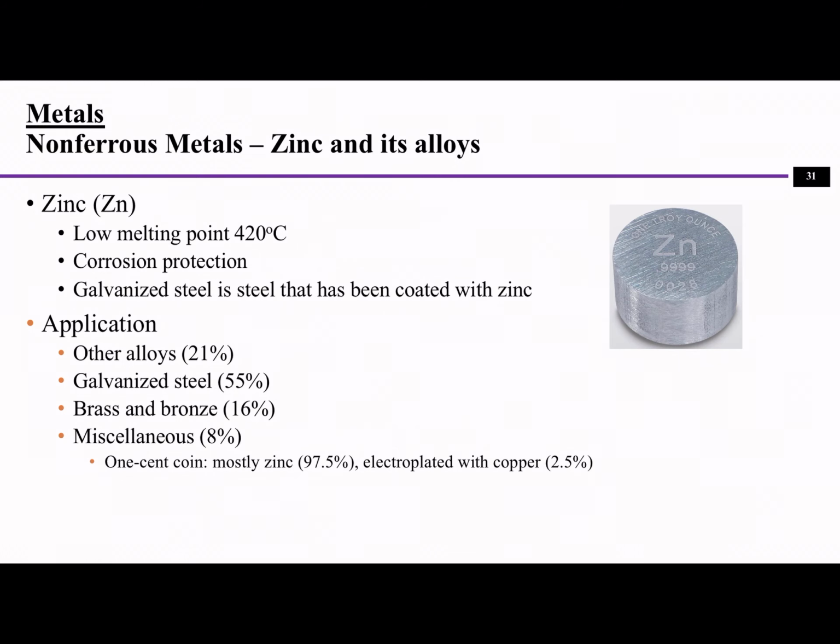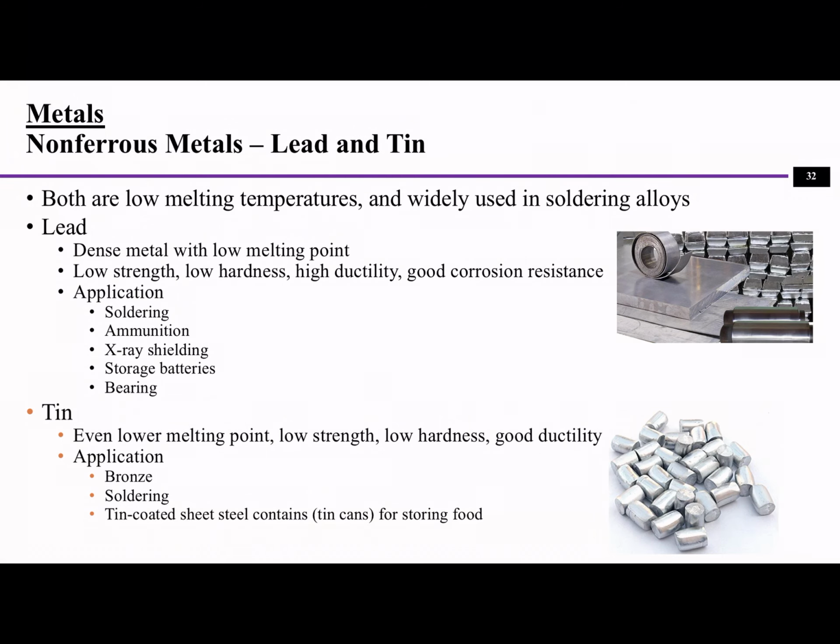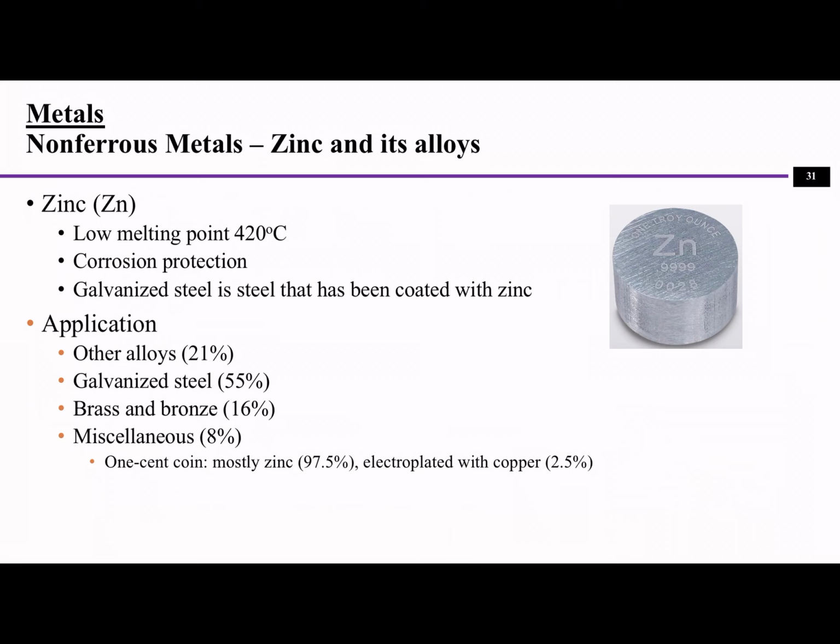The next is zinc. Zinc, lead, and tin, those three materials usually have very low melting temperatures. So that's why zinc has been used a lot in casting processes.